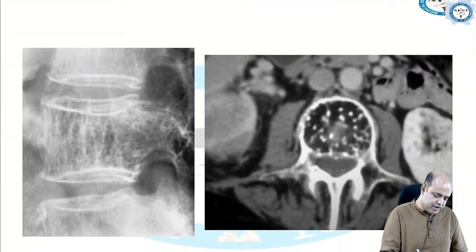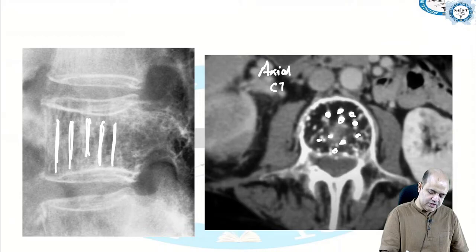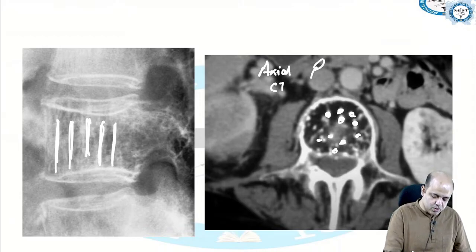Here we see vertical striations, and this is the axial CT. It appears like dots, and these dots are called polka dots. This is called the corduroy appearance.